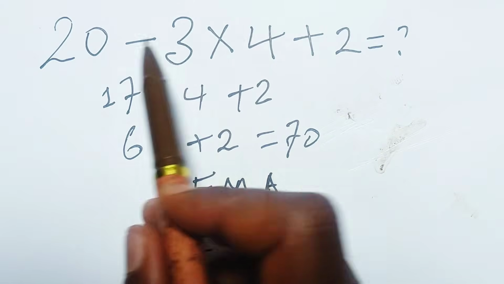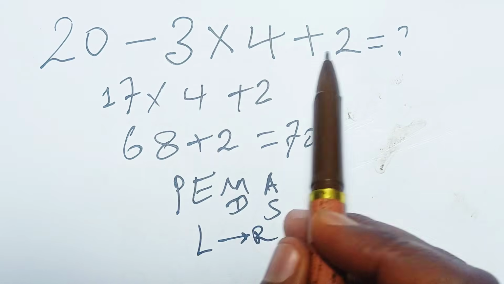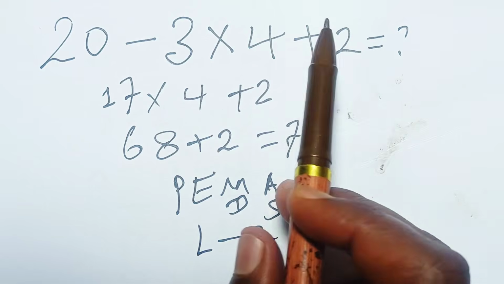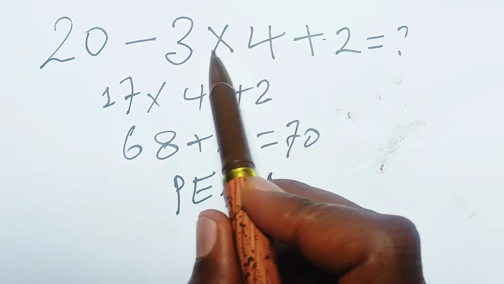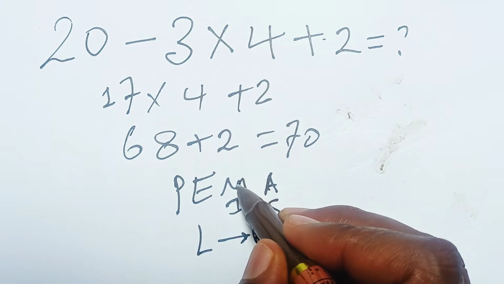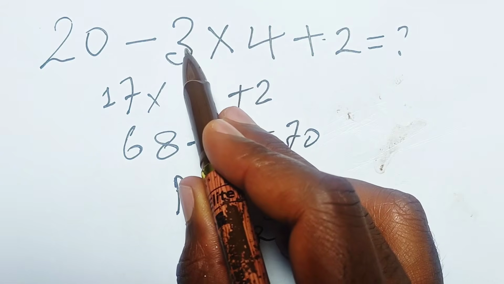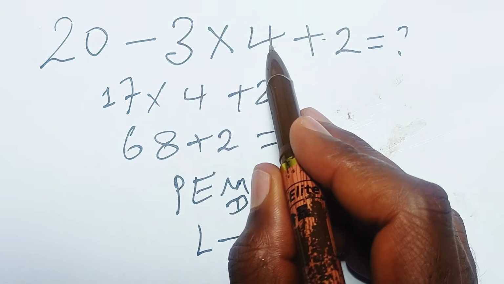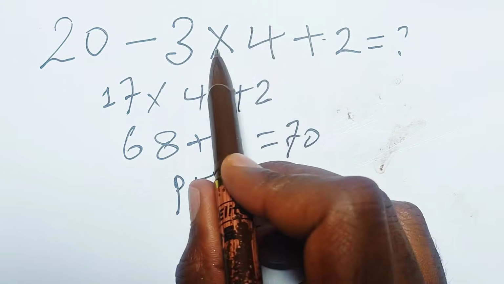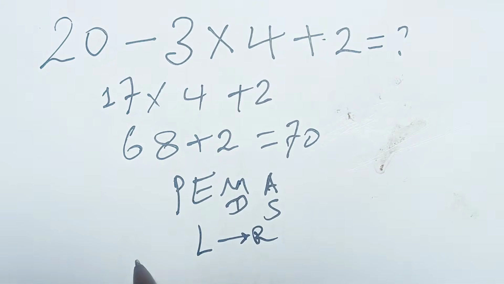Here we have subtraction, multiplication, and addition. First of all, we have to solve the multiplication before addition and subtraction. So 3 times 4 is 12.